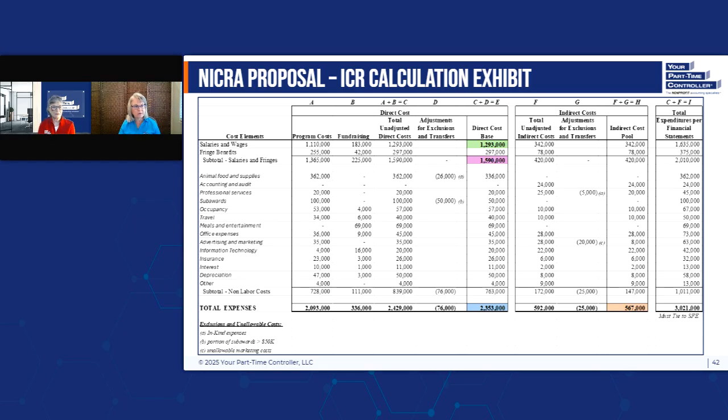Key points to note: the schedule should clearly differentiate between direct and indirect costs. Fundraising expenses should be included in the direct cost base, even though they may sometimes be referred to as supporting costs on the statement of functional expenses. Dedicated columns for adjustments are included, with detailed explanations provided as footnotes on the schedules. This is where we subtract unallowable costs.